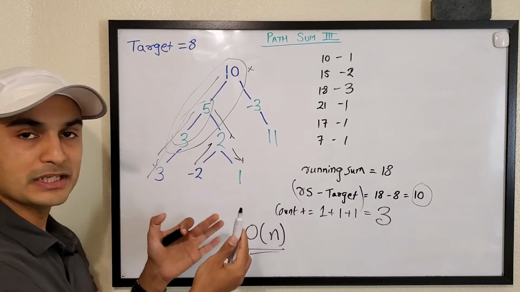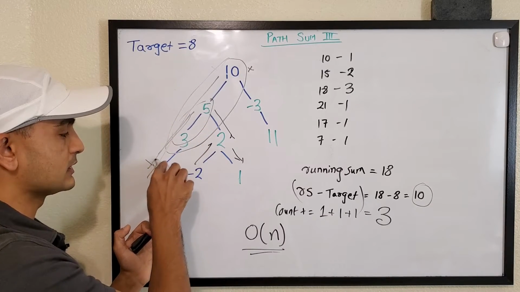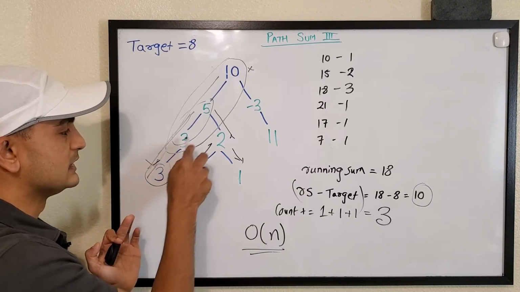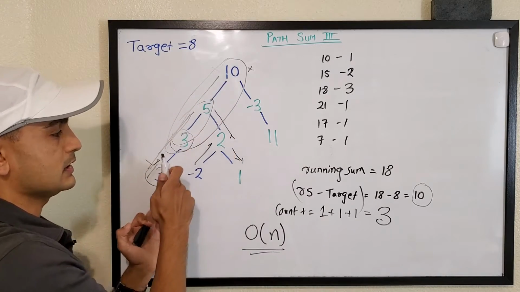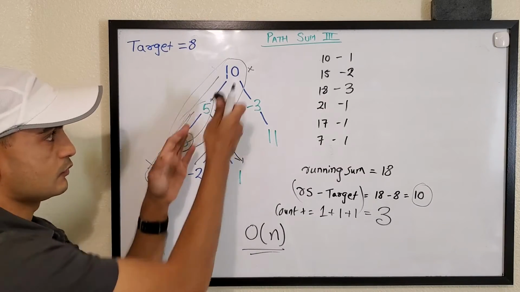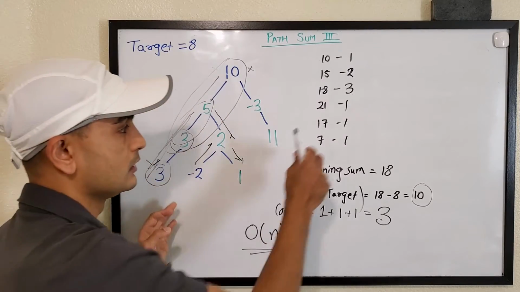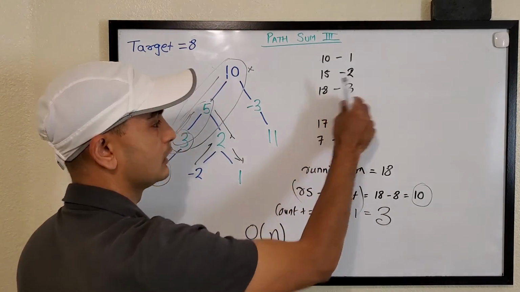So when we are done traversing this path, we need to remove these values from the dictionary. So 10, 5, 3, 3, which is 21. Once we are done traversing this path, we need to make sure that we remove 21.